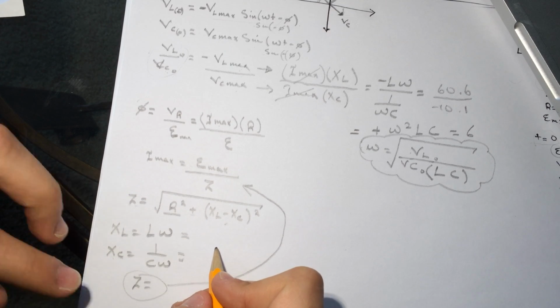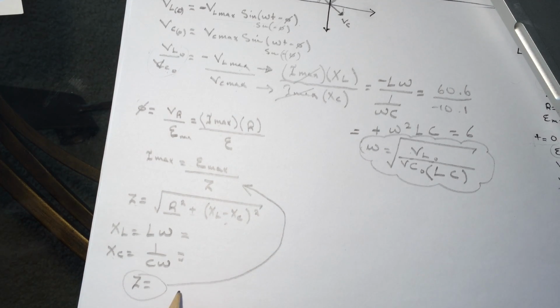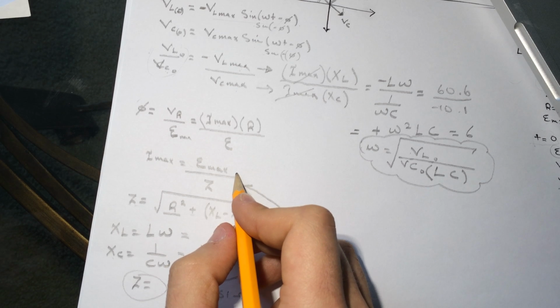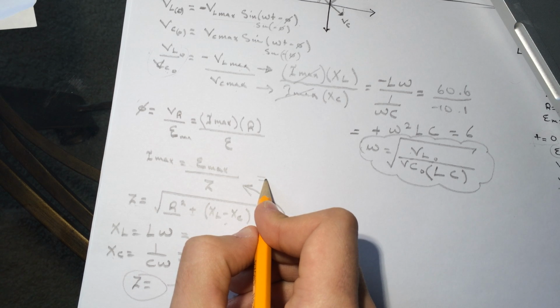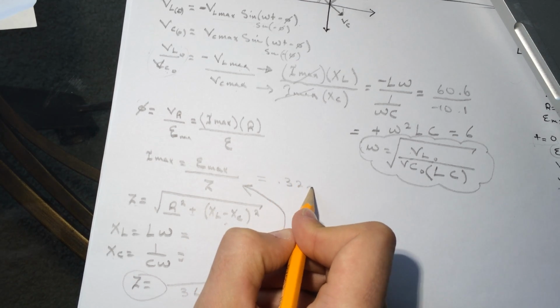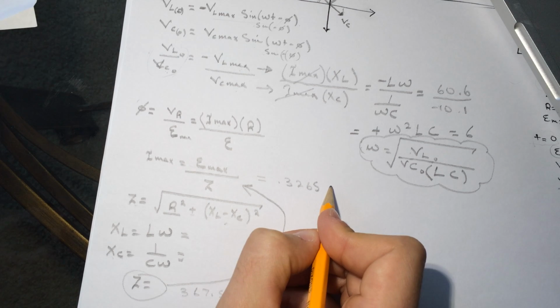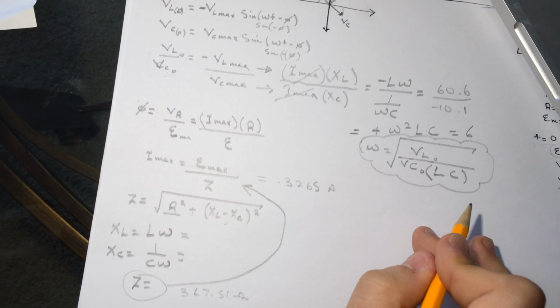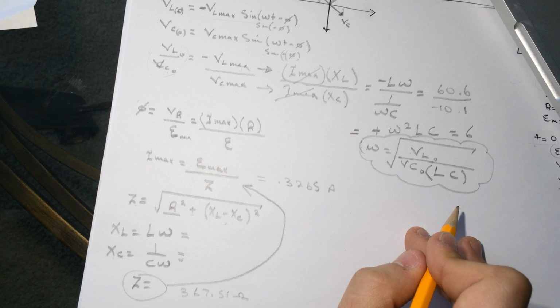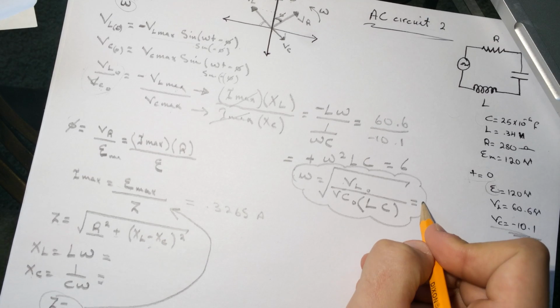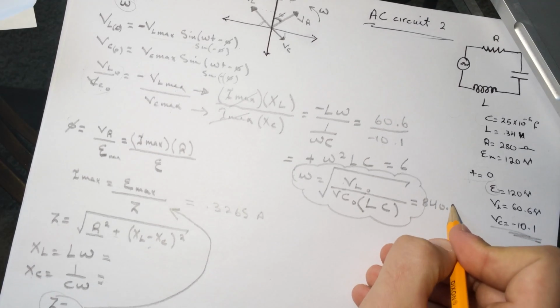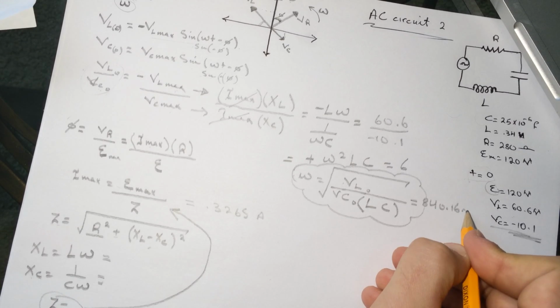I'll give you some numbers here. I got for the Z 367.51 ohm, and when I divide the voltage max by the Z, I got 0.3265 ampere, and my omega that I got was... I'm not trying to help you here, but just to give you an idea what the numbers are.